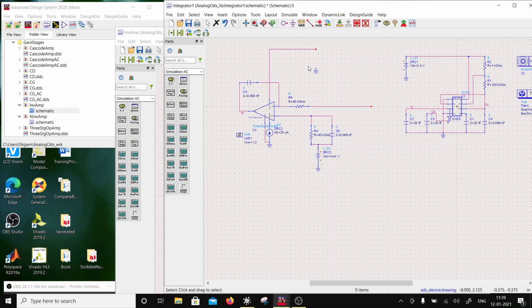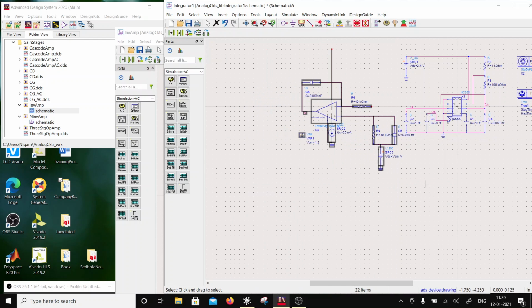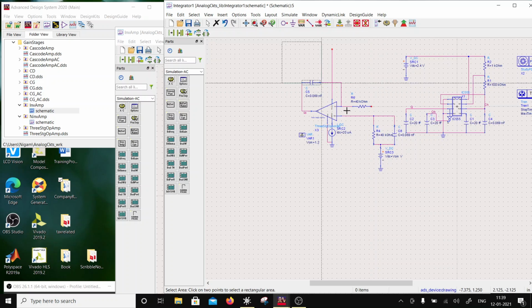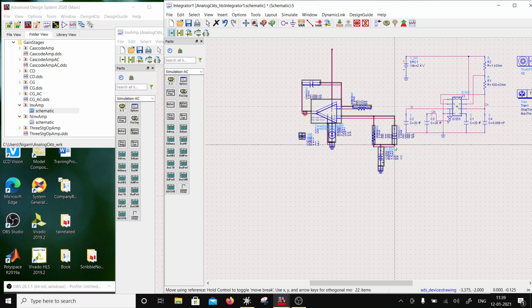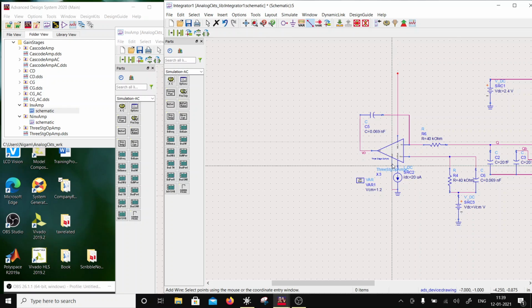I just need one supply, so I can draw from the same supply and connect this. I am giving it an input which is a square wave, and I am looking at VO as the output.